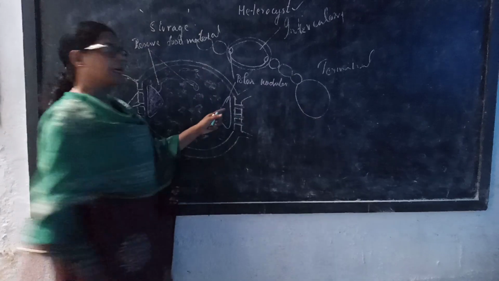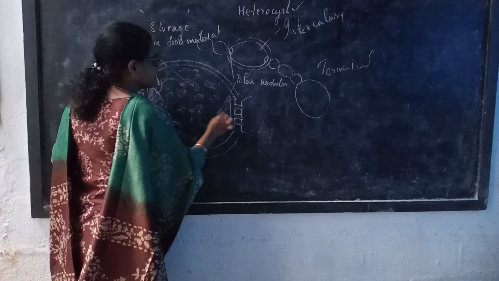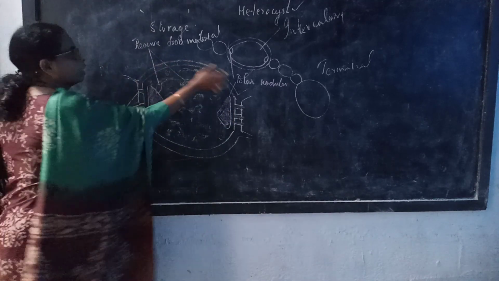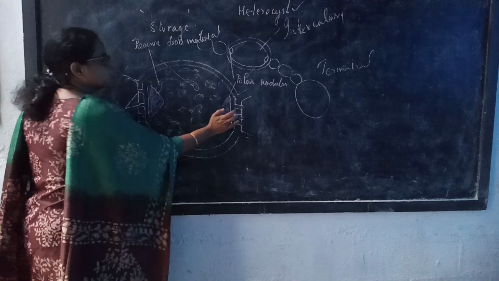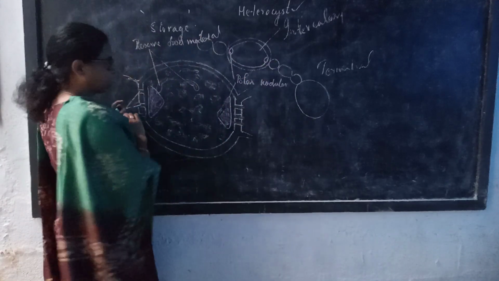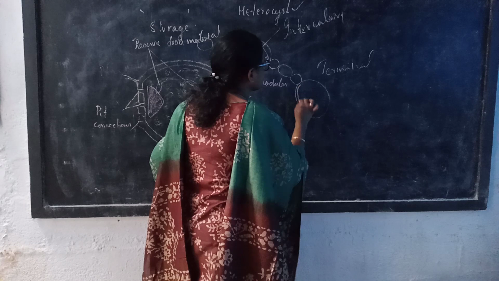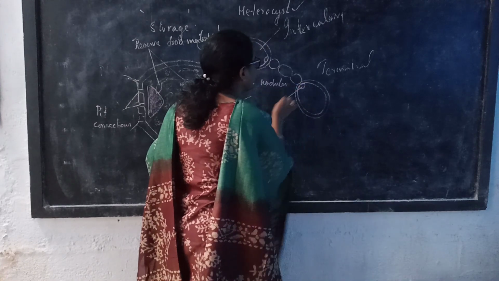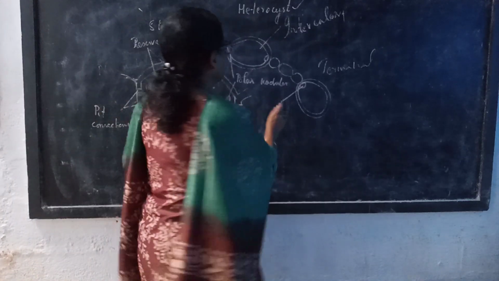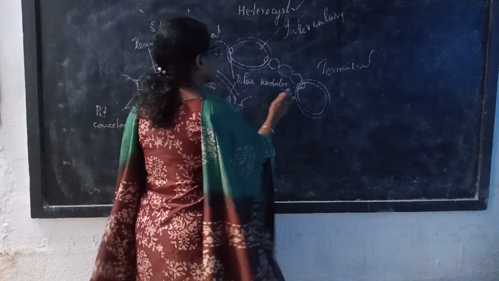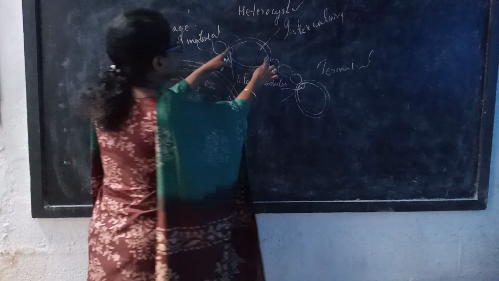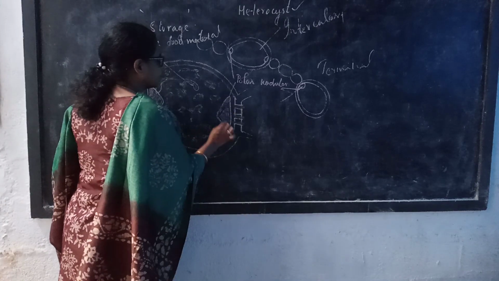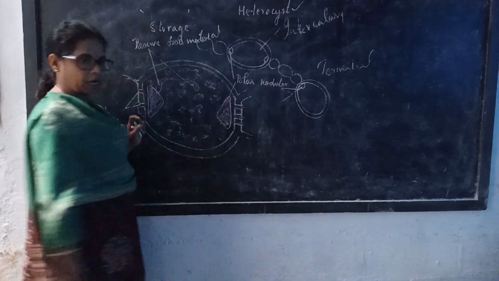These are granule-like structures which are seen at the poles of the heterocyst. This is the heterocyst cell, and these are the two poles if it is an intercalary one. And if it is a terminal heterocyst, then there will be only one polar nodule, whereas there are two polar nodules in an intercalary heterocyst. So the presence of polar nodules, a granule-like structure, is another significant feature.